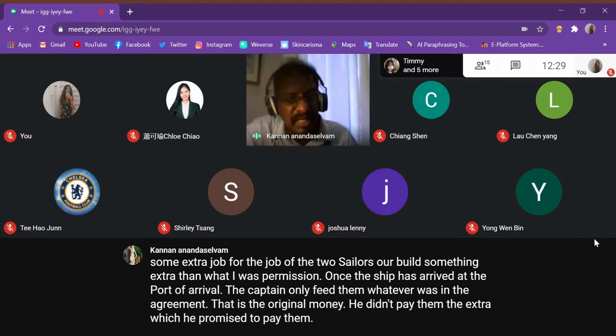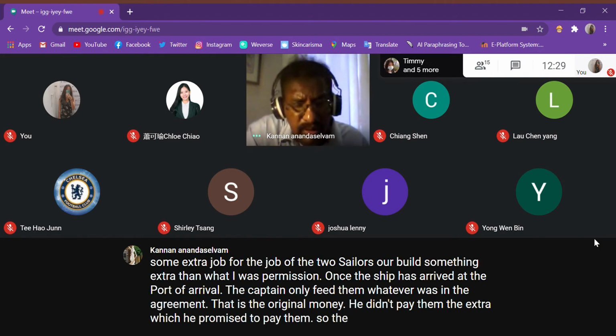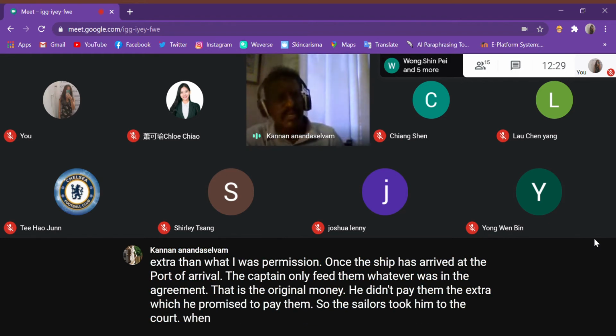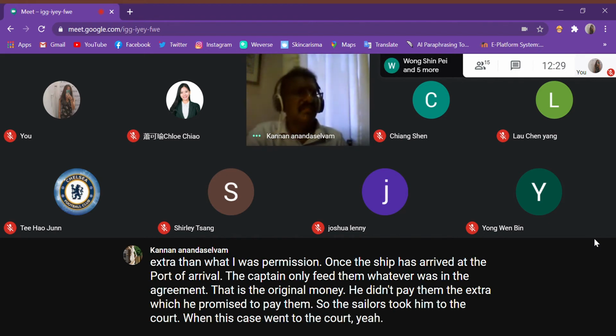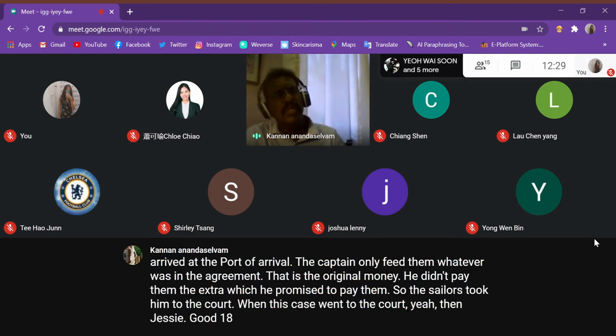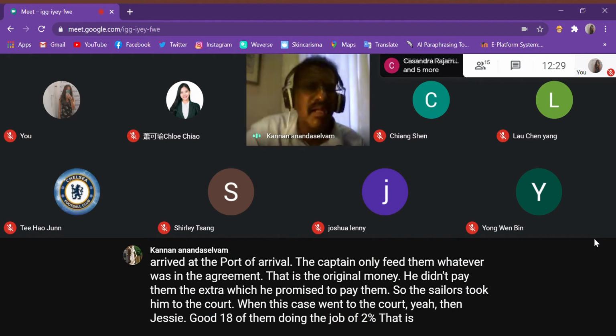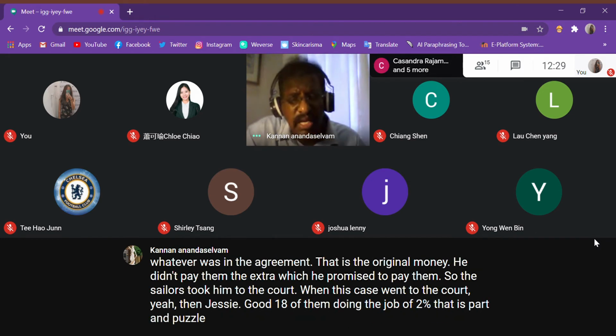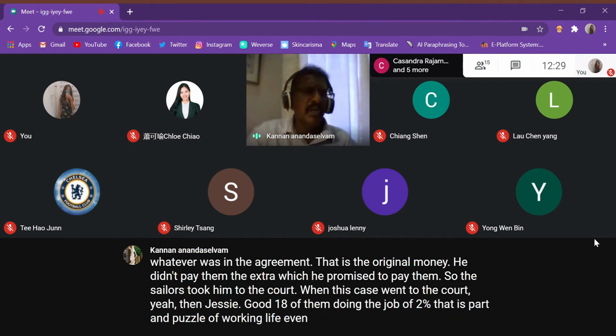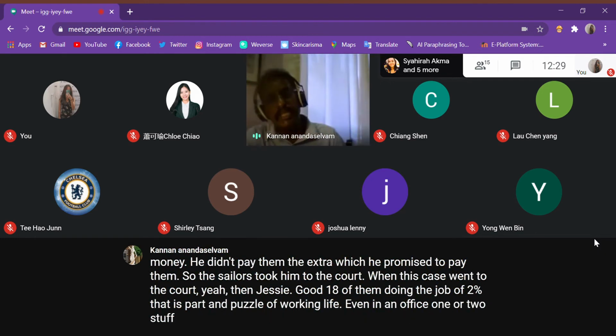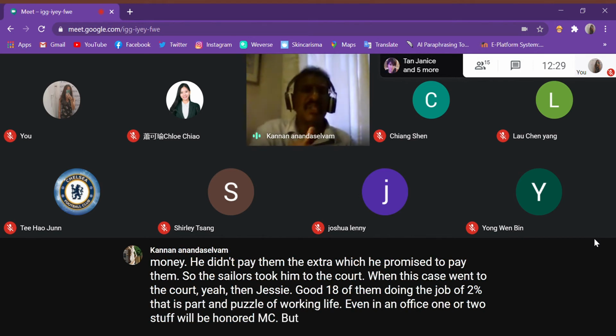So the sailors took him to the court. When this case went to the court, the judge said 18 of them doing the job of 2 more is part and parcel of working life. Even in an office, 1 or 2 staff will be on MC, medical leave. The rest have to do the job.